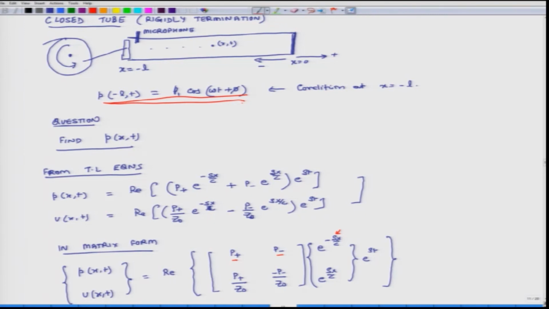One boundary condition is pressure at minus L is P1 cosine omega t plus phi. The other boundary condition is at x is equal to 0, you have a rigidly closed tube, and what that means physically we will discuss. So, using these two boundary conditions, we will calculate P plus, P minus and S.